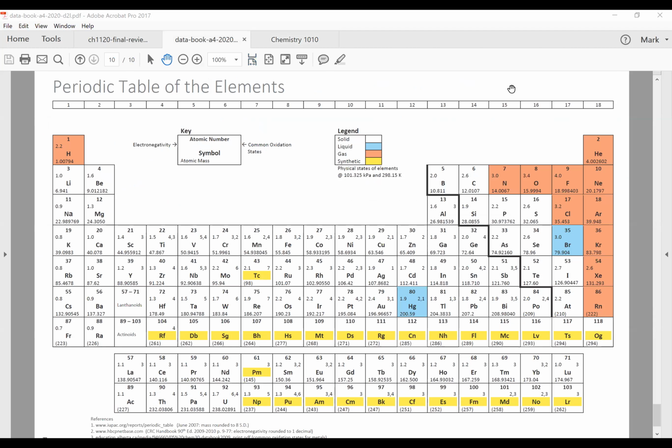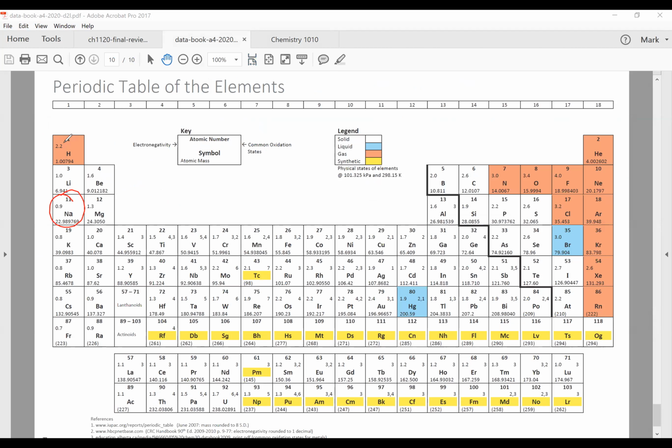Okay, so electron configuration. Let's just take something easy for right now because I'm running low on time. Let's take sodium. There are 2 ways to write the electron configuration for sodium. One is the expanded or regular electron configuration.